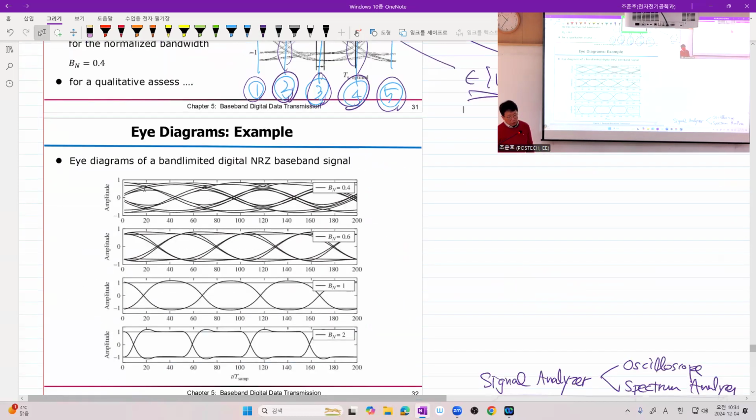So here goes some NRZ signals. And again, we have bipolar, right? So our desired symbol is either 1 or -1.